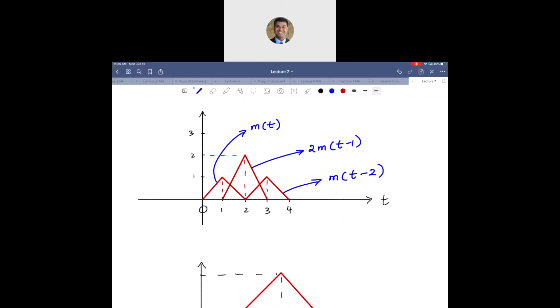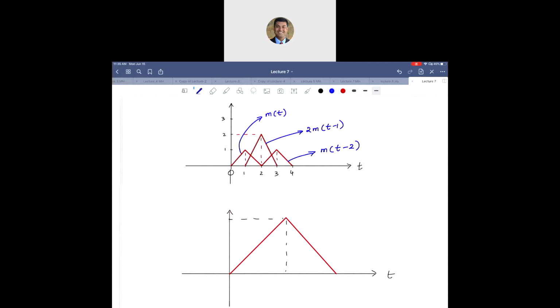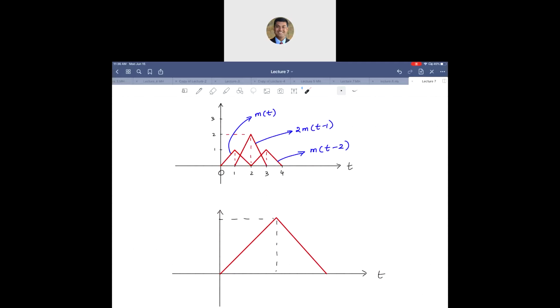Now when you add everything, what are you going to get? From time 0 to 1, you only have things that are increasing with a slope of 1, so you get that until 1. Between 1 and 2, you have one guy increasing with a slope of 2, one guy going down with a slope of 1. Effectively, it is going up by 1 again, so it continues to move up until 2.